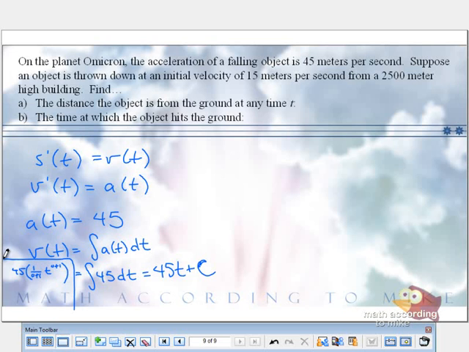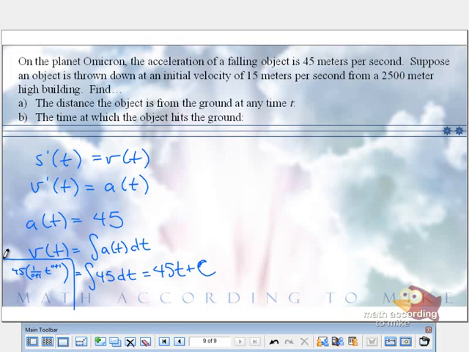All right. But notice it says an object is thrown down at an initial velocity of 15 meters per second. Meaning that at the beginning of time, the velocity is 15. So if it's the beginning of time, what does that say about t? t is 0.